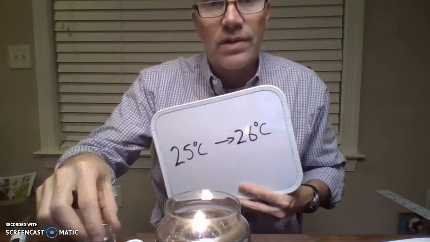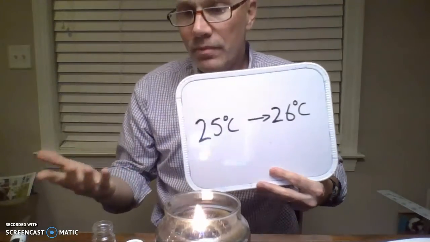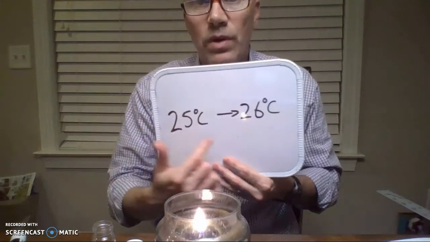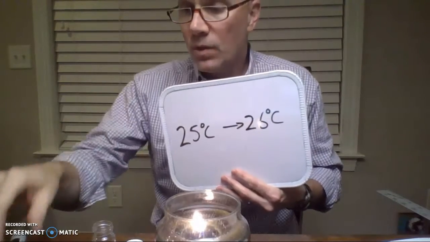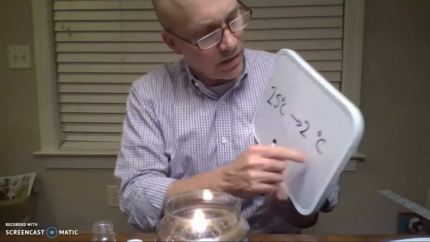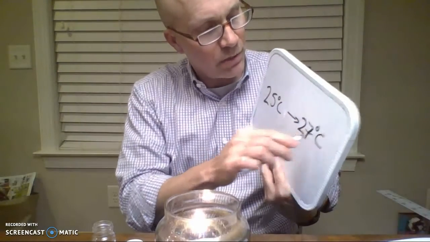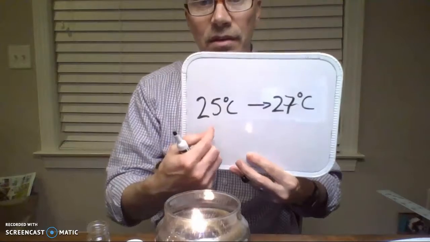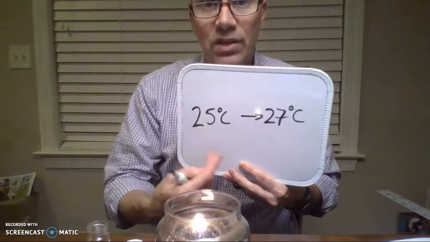That's literally what it means. So some things about that. If it takes that amount of heat to make it go from 25 to 26, could we use that information to figure out how much heat would be required to go even further? Well, you're just doing that same thing twice.